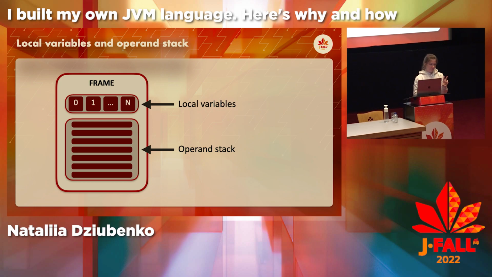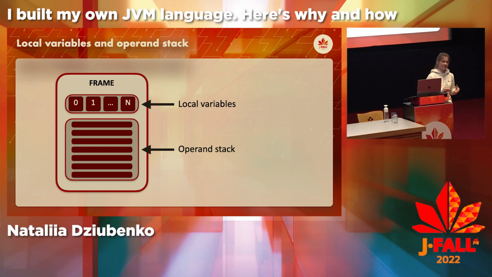Two very important things that I really cared about were the local variable array and the operand stack. The local variable array holds all the variables that you are using in this particular frame. And in the operand stack, you put everything that you need to call your operations, to call your methods. Everything that these methods accept, everything these operations want to use, needs to be taken from the operand stack.